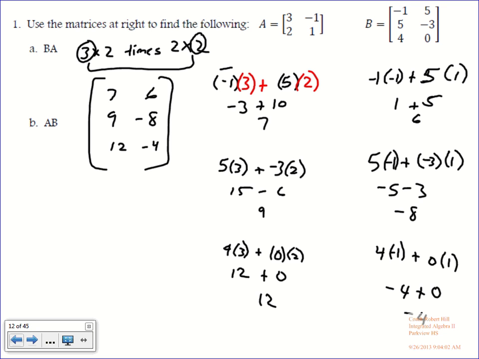Now, watch. The reason I keep trying to get you guys to understand to write AB out right there, watch what happens when I try to do A, which is a 2 by 2, times B, which is a 3 by 2. Look, when I try to take this row and multiply it by this column, there's an extra number, which means you won't be able to do this on this part of the test.